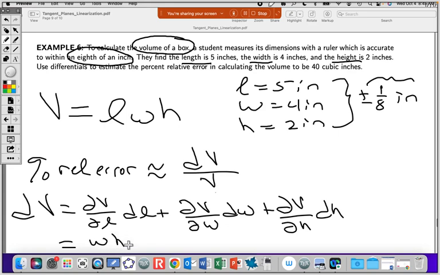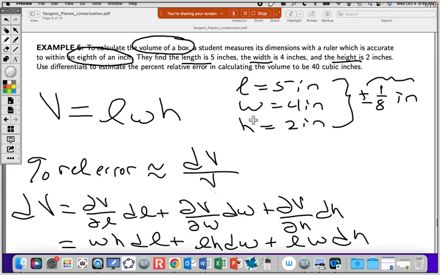So WH dL plus the partial of V with respect to W, LH dW, and then partial of V with respect to H. There you go. Very good. Thank you, Derek. Right, nice little symmetry. Now we just plug in the values.